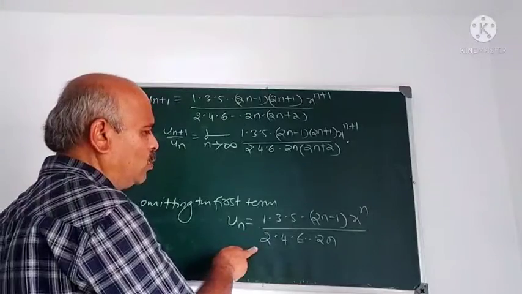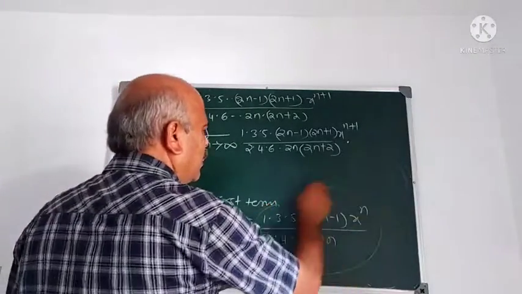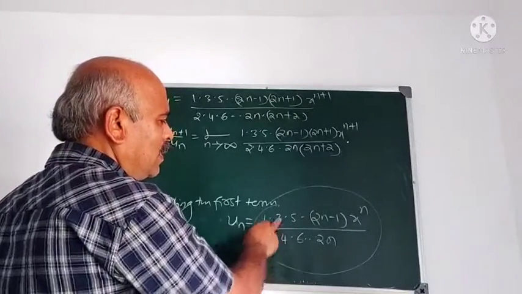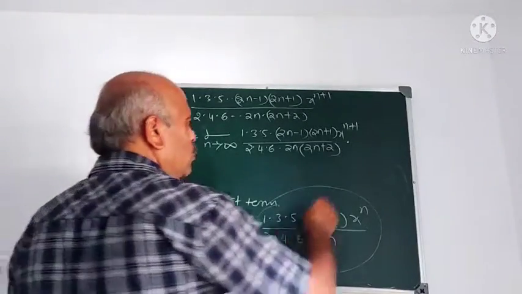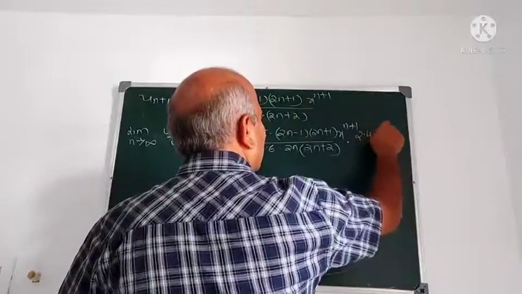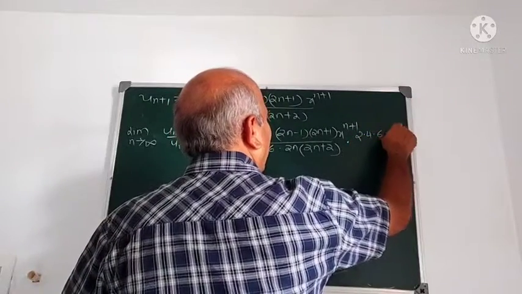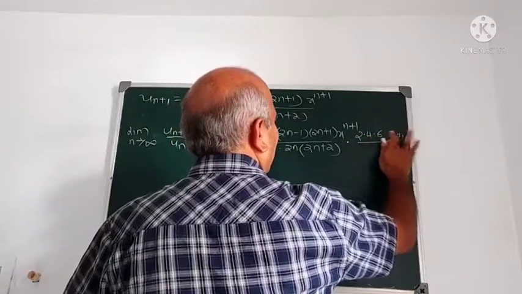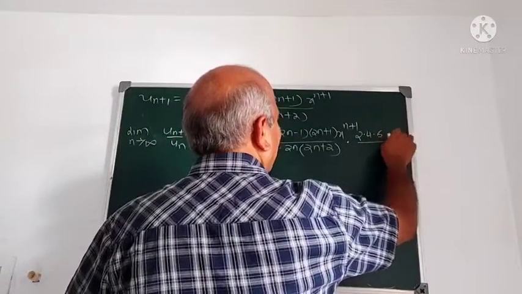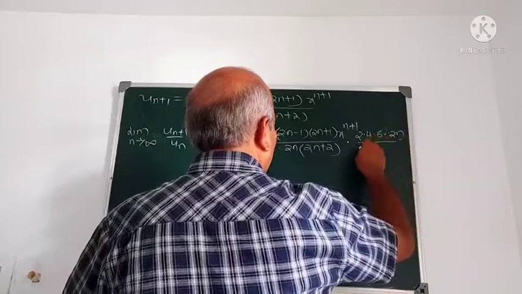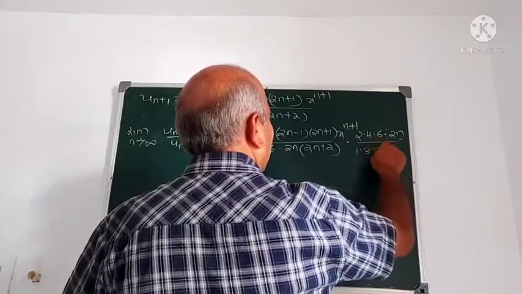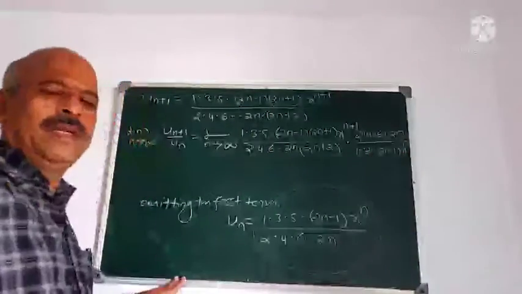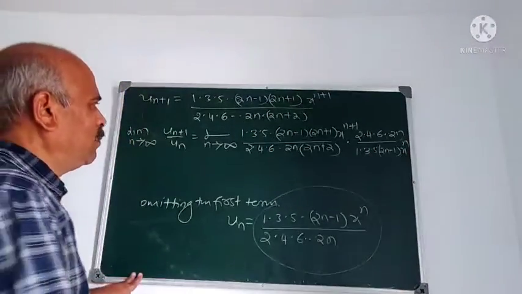Instead of dividing by un, I multiply by the reciprocal of this un. So we get 2, 4, 6, etc. 2n divided by 1, 3, 5, etc. 2n minus 1 into x raised to n. This is un plus 1 upon un.